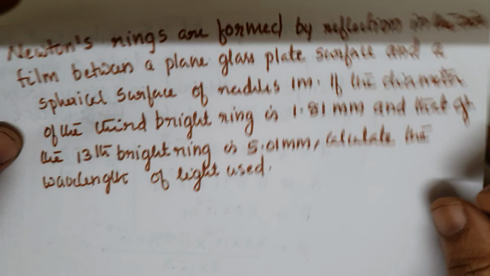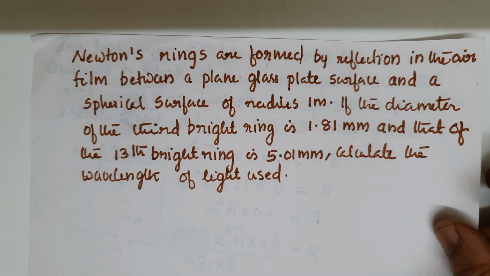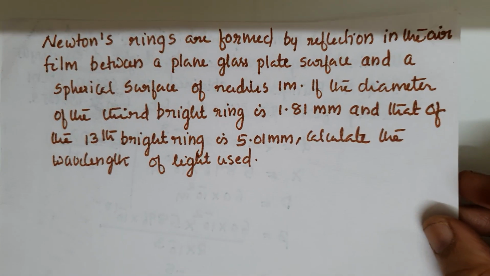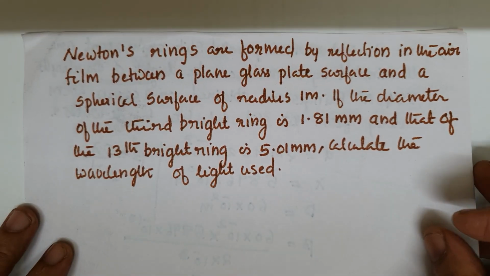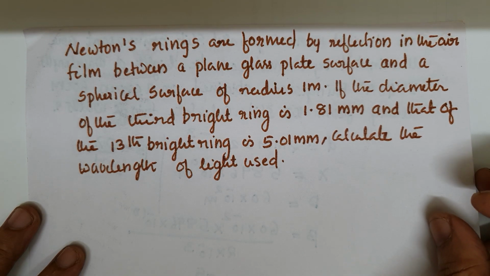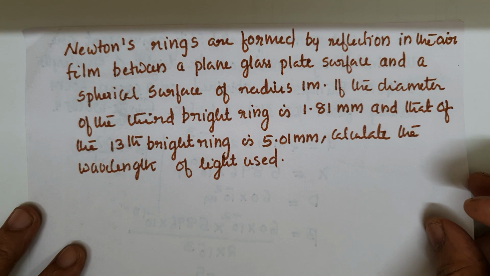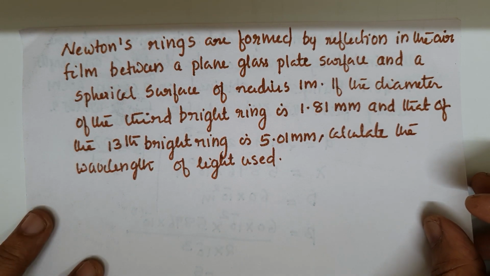Then the second question is, the Newton's rings are formed by reflection in the air film between a plain glass plate surface and a spherical surface of radius 1 meter.